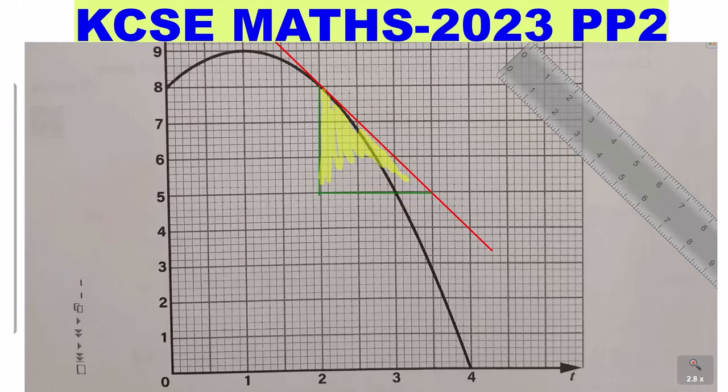I'm constructing this triangle just to show the points that I'm going to pick. So look at that triangle that I formed there. You can pick any 2 points and get the gradient.